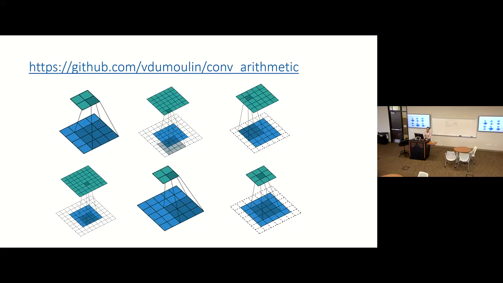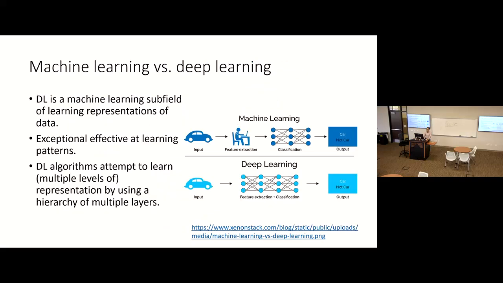There are different ways to deal with boundary effects. Those are some details in the convolutional neural network data processing.